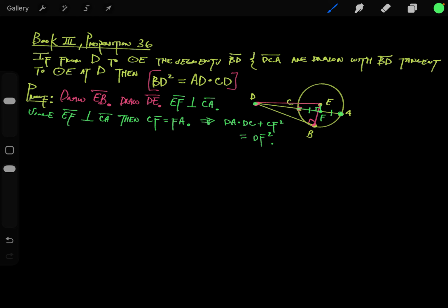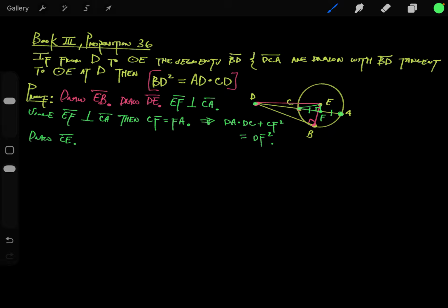Now let's draw in CE. Now that CE has been drawn in, what can I say now? So let's see what we have. We have DF squared, DA times DC plus CF squared.